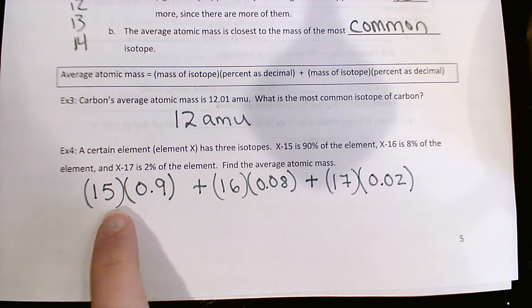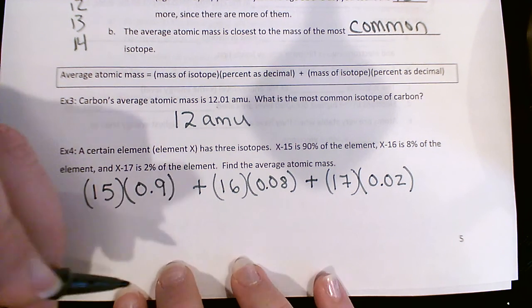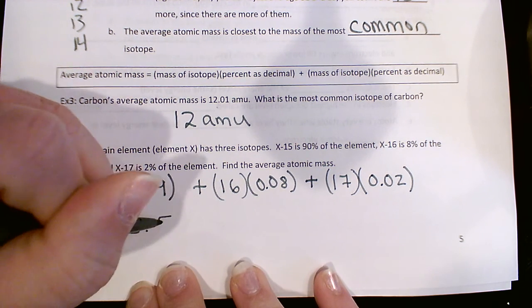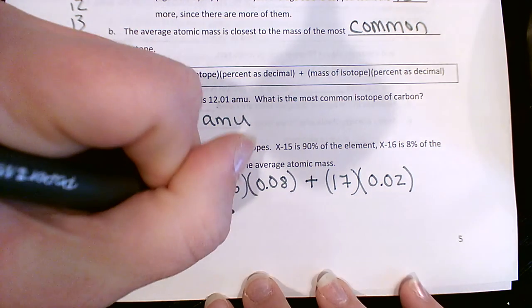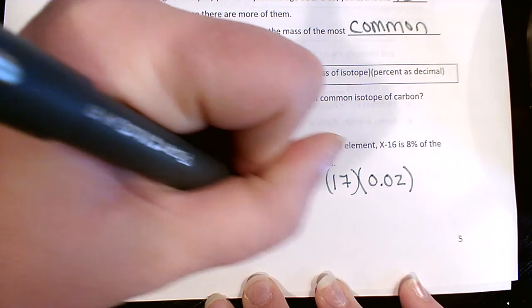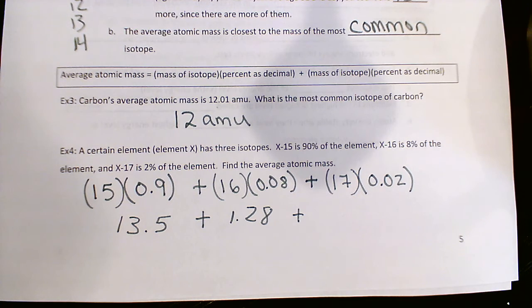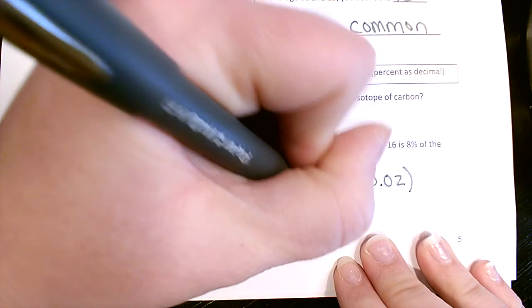And if you feel really confident on your calculator and you want to type that all in at once, go for it. I'm going to multiply my individual isotopes first. I'm going to go 15 times 0.9, it's 13.5, plus 16 times 0.08 is 1.28, and 17 times 0.02 is 0.34.